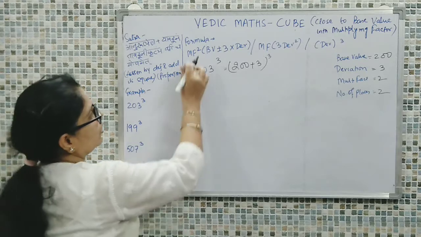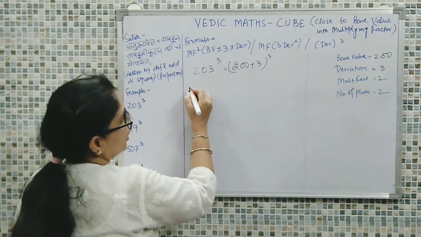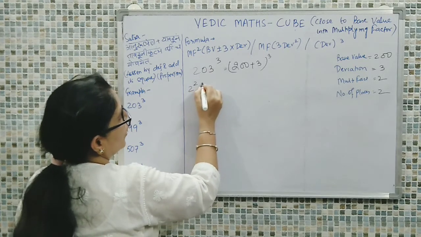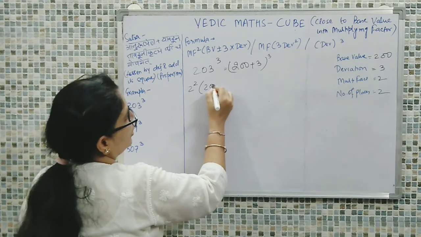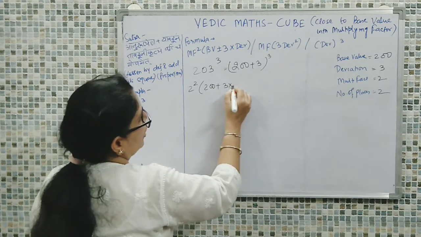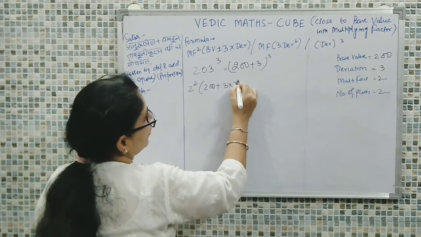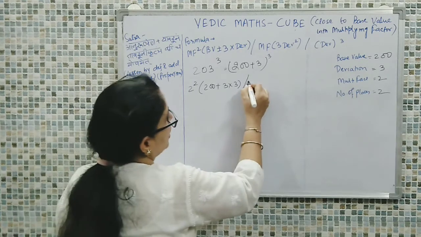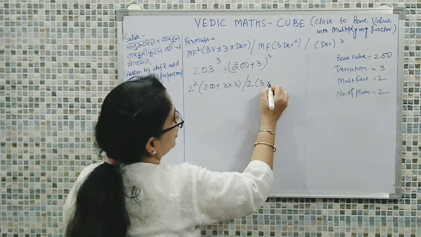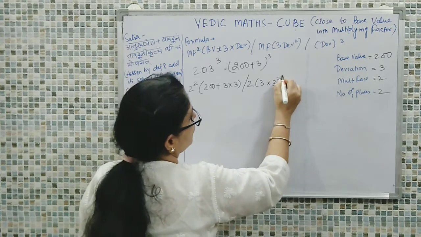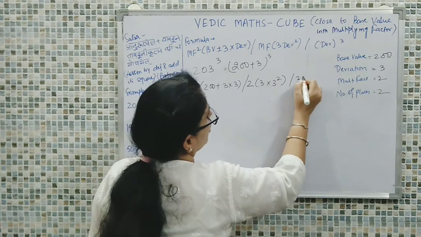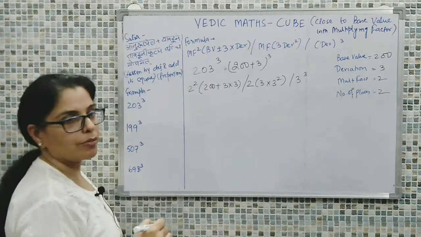Now, using the formula, we have multiplying factor square, so 2 square, times 200 plus 3 into the deviation, which is 3. Next, multiplying factor, 3 into the square of the deviation, and the third is the cube of the deviation.